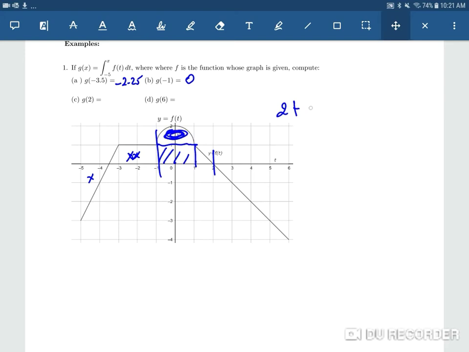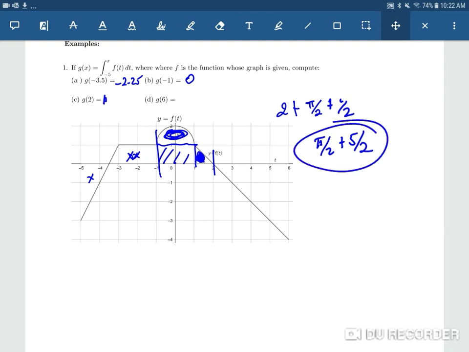So pi r squared is pi times 1 squared, but half of that will give me pi over 2. And this one is a 1 by 1 triangle. So the area is 1/2. So that gives me pi over 2 plus 5/2. So that's pi over 2 plus 5 over 2.